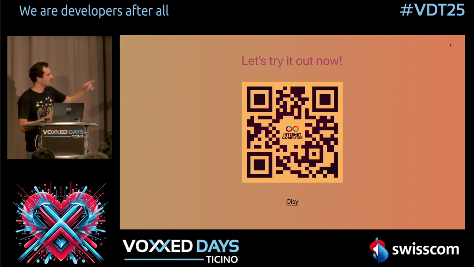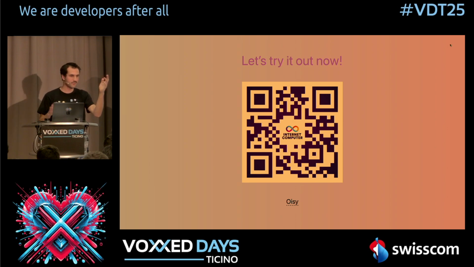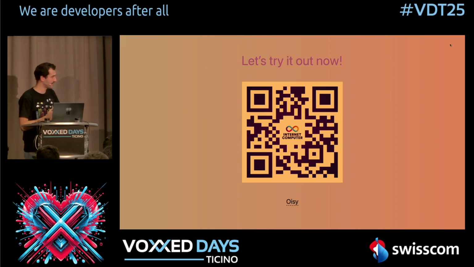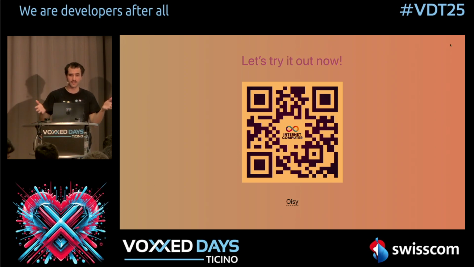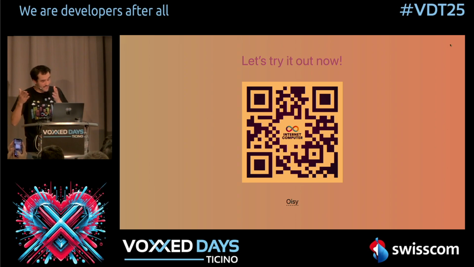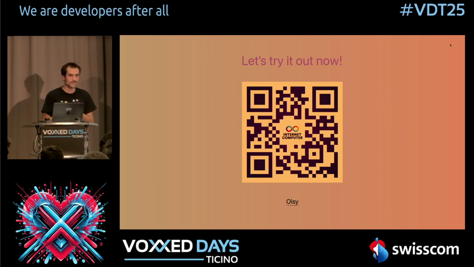So now that you end up on Oisy, you can click on create account or whatever button there is there. And in a few seconds, you will be logged into Oisy, thanks to the Internet Identity and the identity that you have just created.